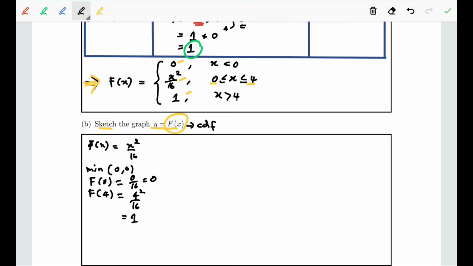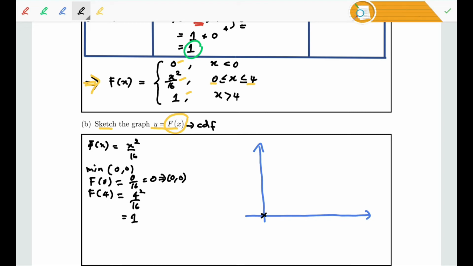So we're going to sketch the graph. We're going to start with this point, which is 0, 0. And then end up with 4, 1. Let's say this is the 4 and this is the 1.